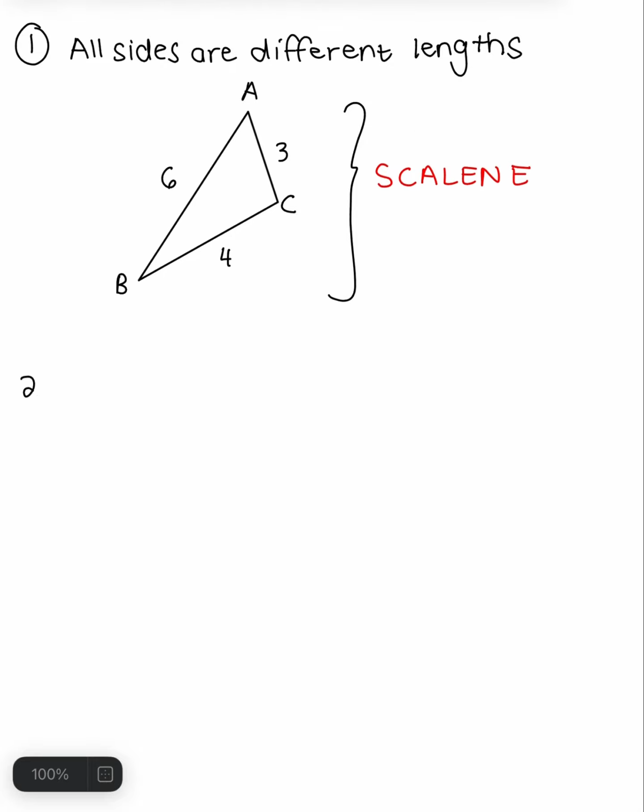Our next classification is when we have two of the three sides equal to each other. So we can say two of three sides are equal.